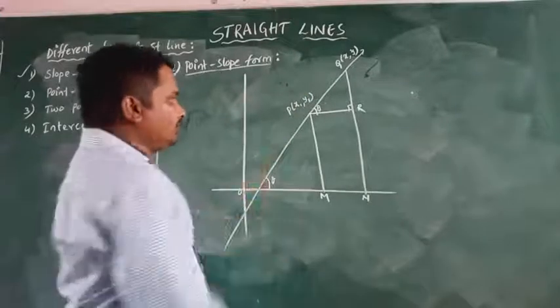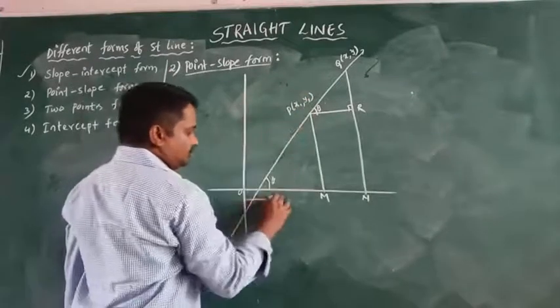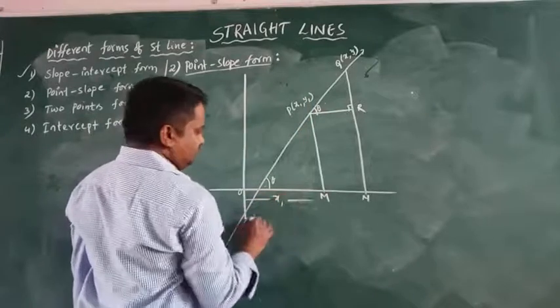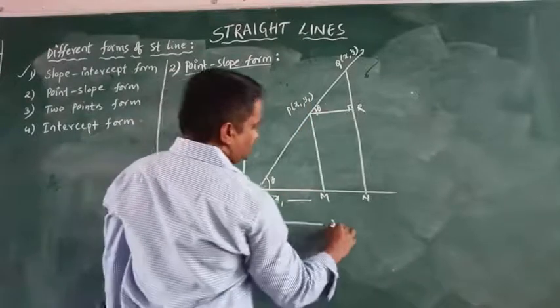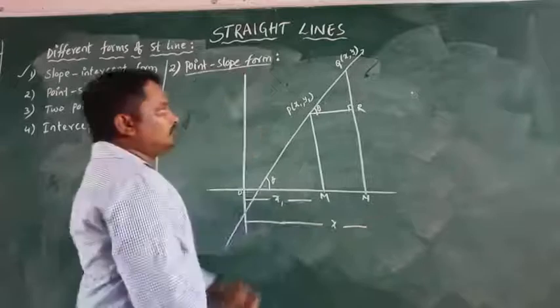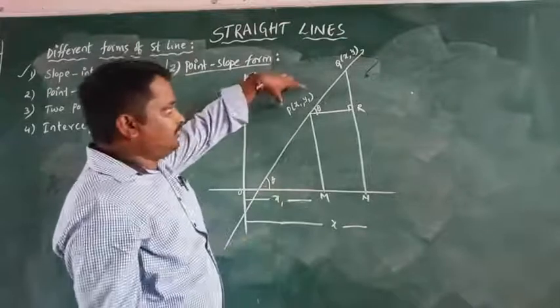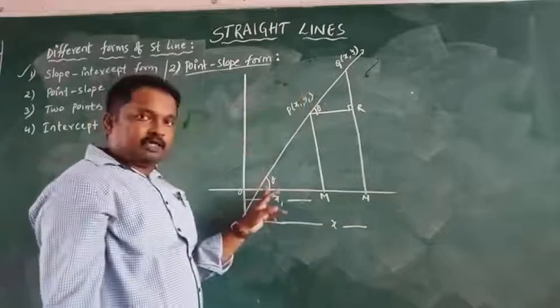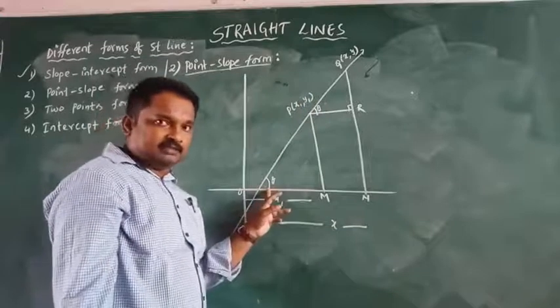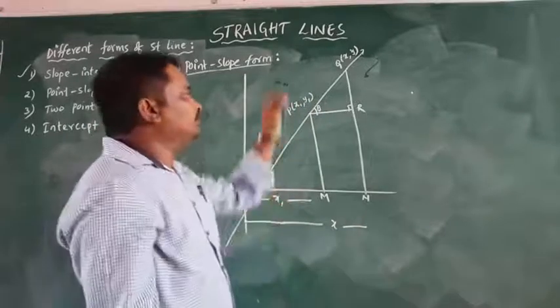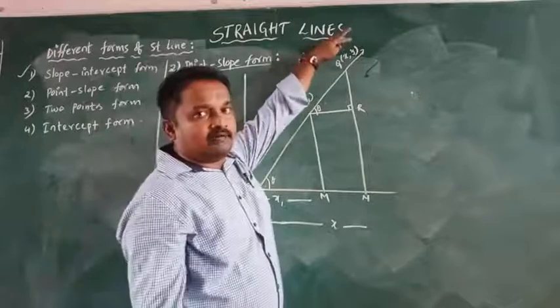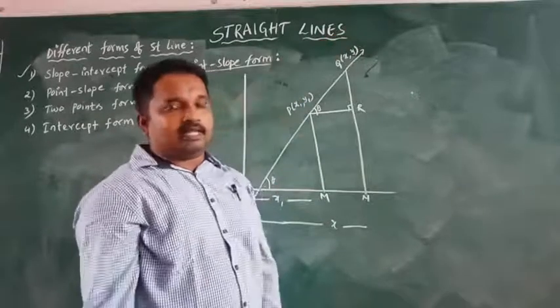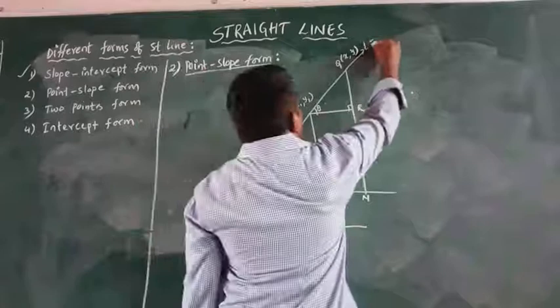So again, you know this one. This comes x1 and this value is x. So P(x1, y1) is a point on a line and it makes an angle theta with the x-axis, that is nothing but inclination. So I am taking one point (x, y) on the line L equals 0.